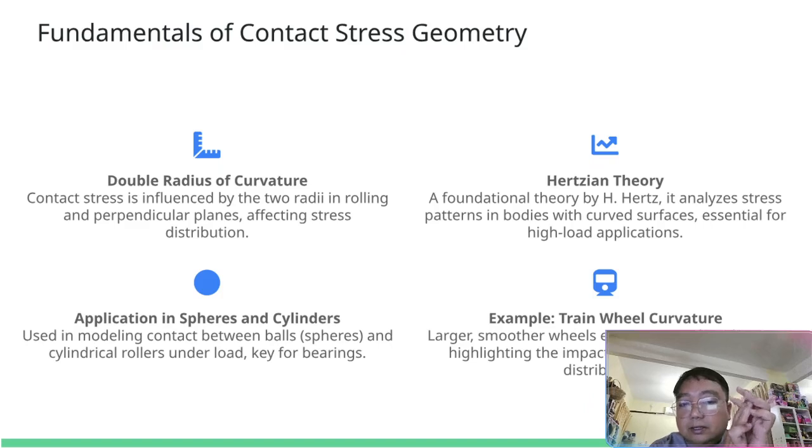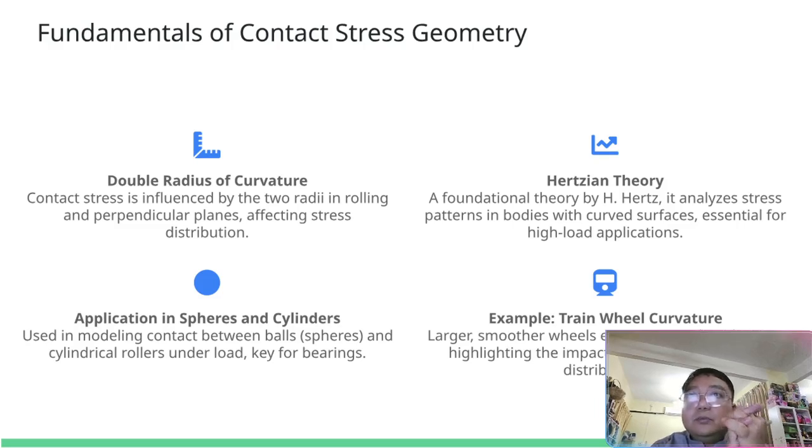You may be familiar with the word Hertz; Hertz equals one over time, one per second. It analyzes stress patterns in bodies with curved surfaces, essential for high load applications. Applications in spheres and cylinders are used in modeling contact between balls, spheres, and cylindrical rollers under load, and are key for bearings.